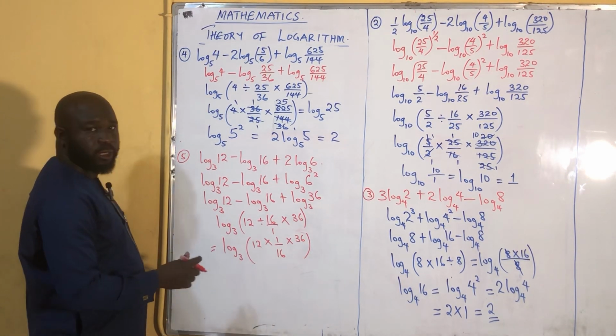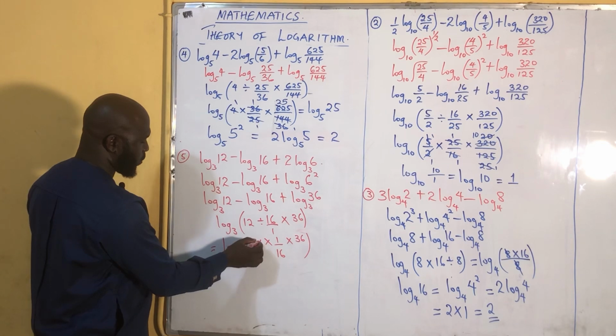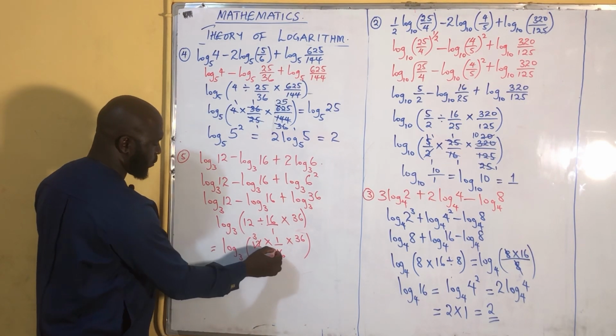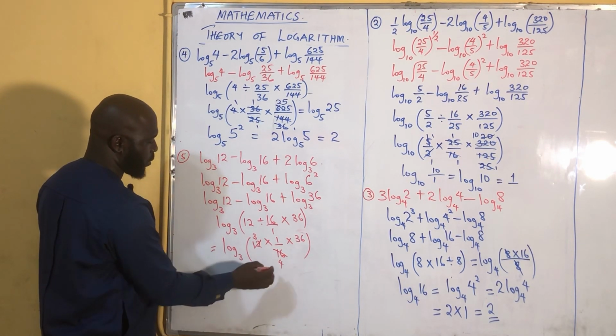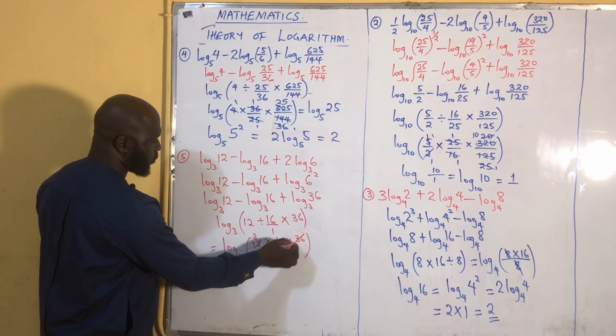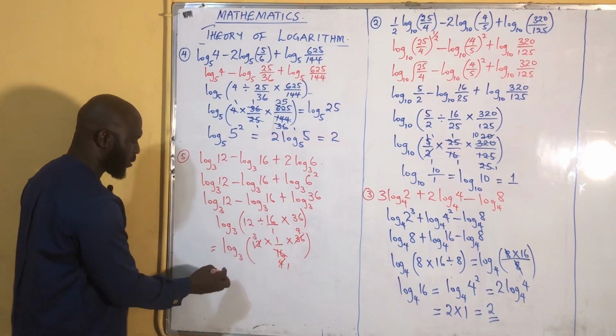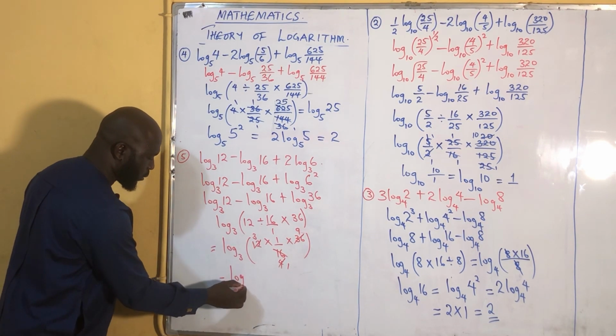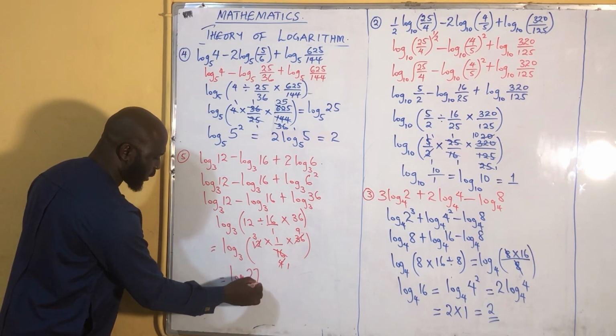So let's break this down. 4 here 3, 4 here, 4, 4 here 1, 4 here 9. 3 times 9 will give us 27. So we have logarithm in base 3 of 27.